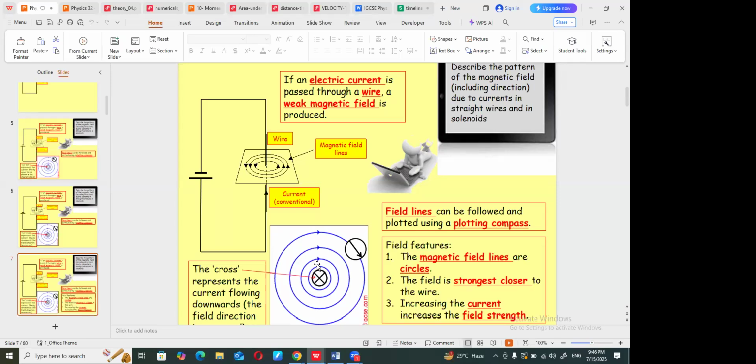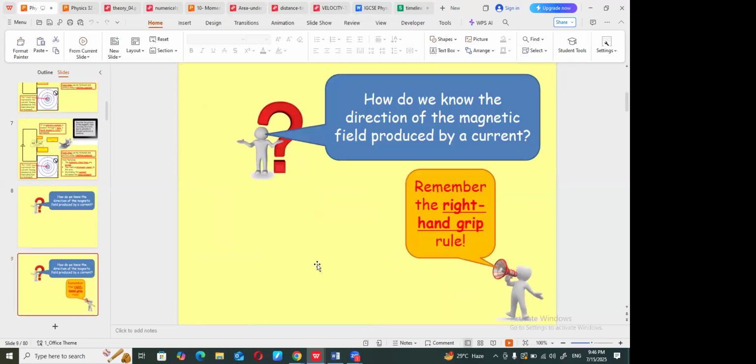Now, how to increase that magnetism? The field is strong close to the wire, we know that. You can increase the current, and increasing the current will increase the magnetic field. Now, how will you find the direction?